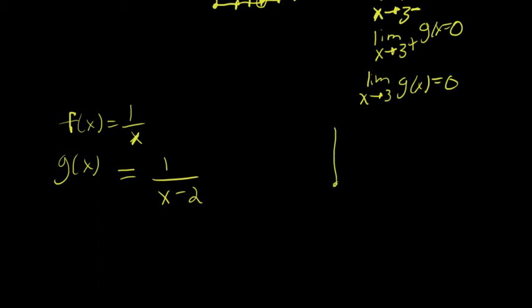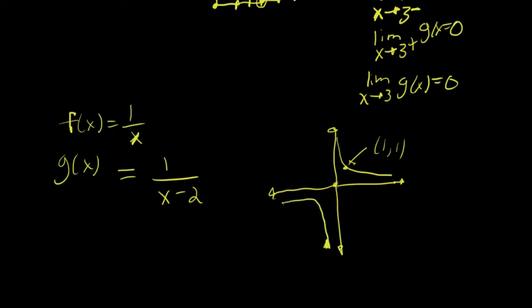So if you remember, the inverse function, 1 over x, basically looks like this, and this is 1, 1 here, and this is negative 1 here.